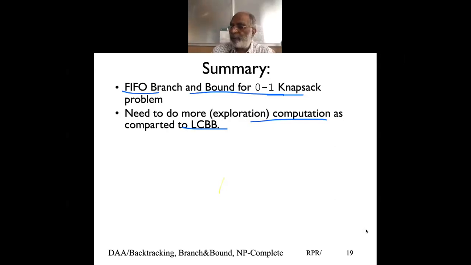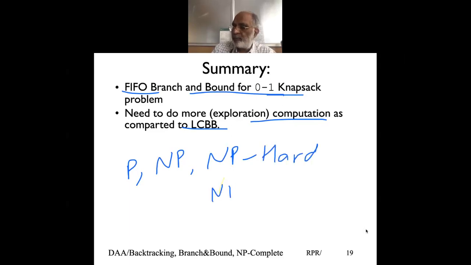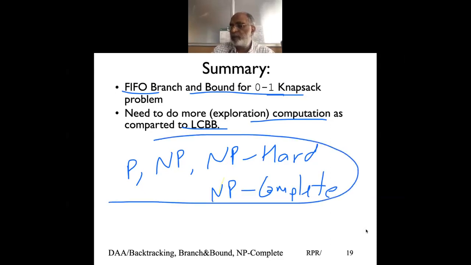Now the only topic left is NP, P, NP hard, and NP complete. So I need one more lecture, which probably will take place after your IA exams. And so your syllabus for IA3 would be both module 4 and module 5.